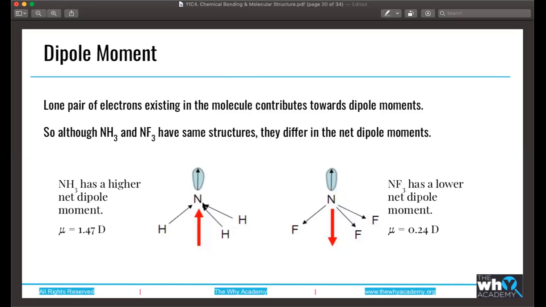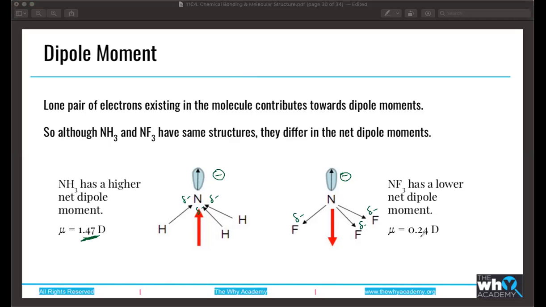Nitrogen has 5 electrons in its outer shell, 3 of them are used in bonding, which leaves it with one lone pair. So the lone pair also contributes to figuring out what the net dipole is going to be. So you have the negative charge of the lone pair plus the partial negative charges from the electron shift, adding up to a greater dipole moment. But in this case, you have a negative charge here, and the partial negative charge is going in the other direction.